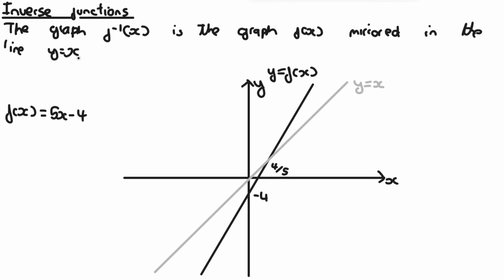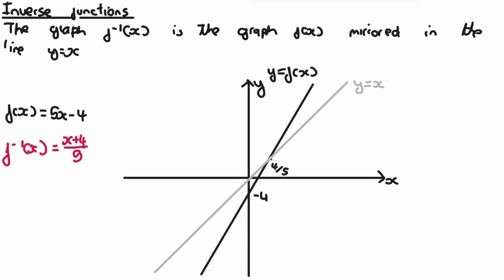y is equal to x. So this is the example we talked about at the start, where f(x) is equal to 5x minus 4, and this is it sketched here. And the inverse f⁻¹(x) is equal to (x plus 4) over 5, and its sketch will be f(x) reflected in the line y is equal to x, which is the straight line here that is right between the x-axis and the y-axis, like this.